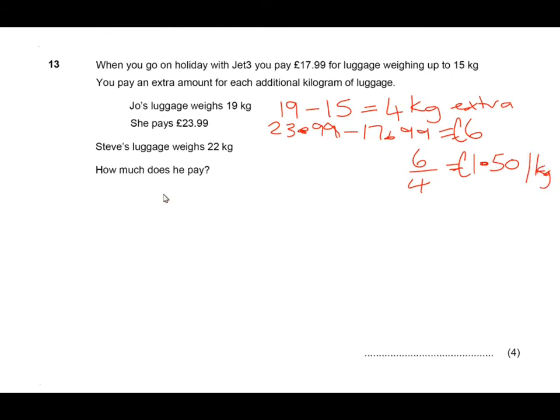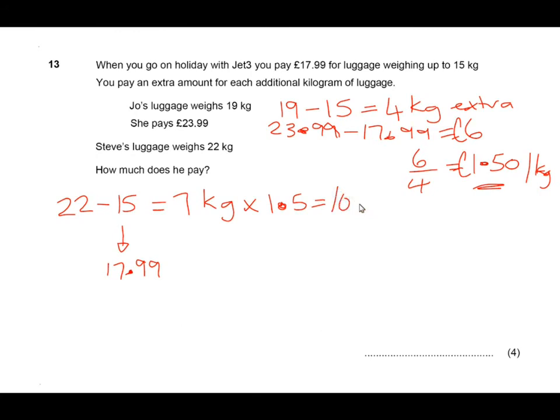So now let's work out Steve's costs. He's got 22 kilograms and we know he's entitled to the 15 kilograms at £17.99. So this leaves another 7 kilograms that he needs to pay the £1.50 for. So this gives us £10.50.